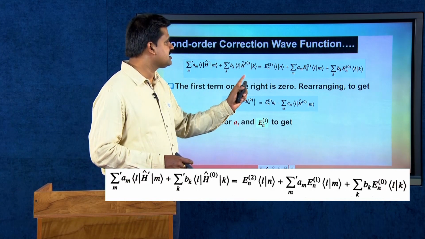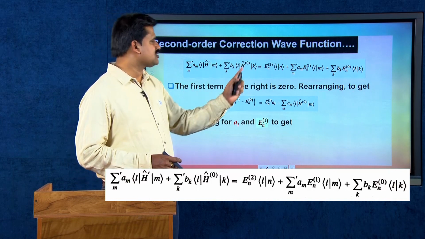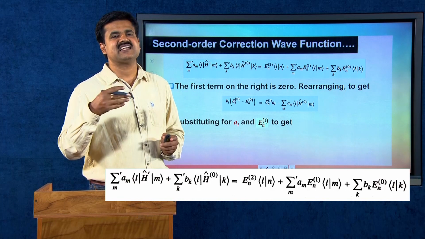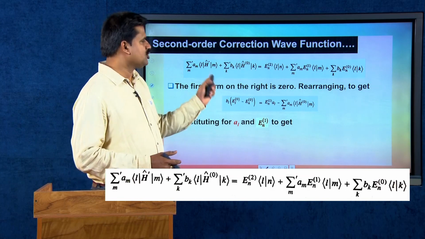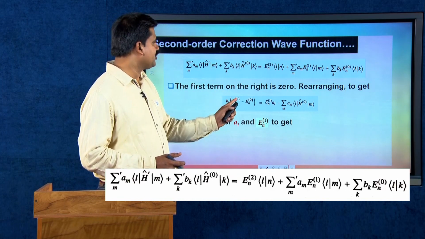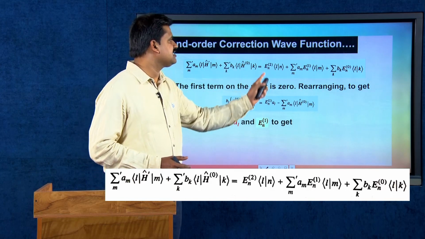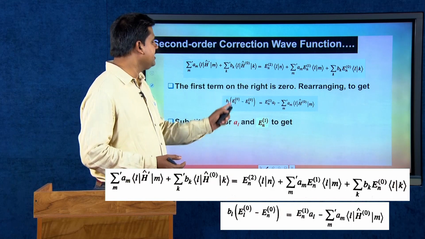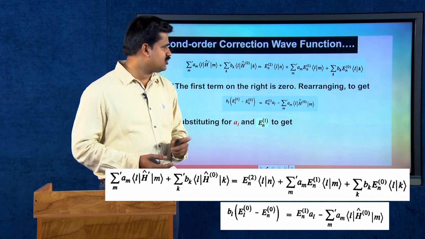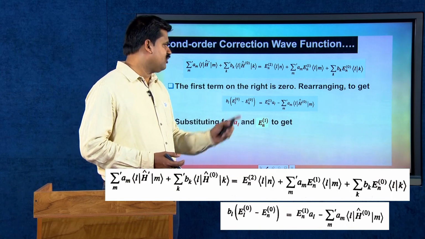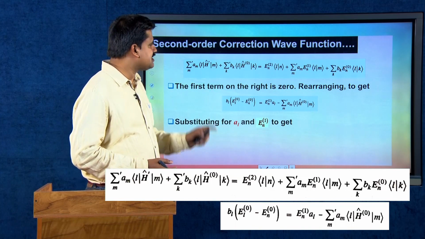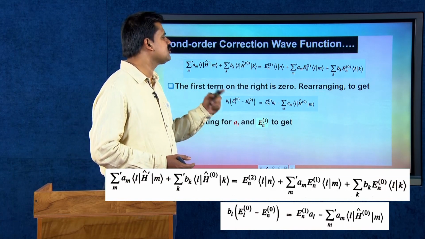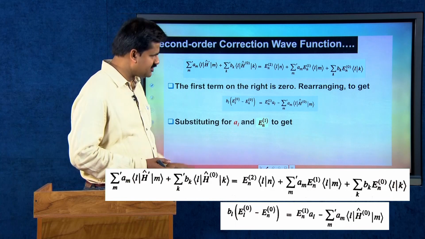On rearranging, we can simplify this equation by incorporating some constants like a_m, etc. On rearranging, we will get b_l times (E_l^0 minus E_n^0) is equal to E_n^1 a_l minus the summation prime over m of a_m times the integral of psi_l^0 star H-hat^0 psi_m d tau.